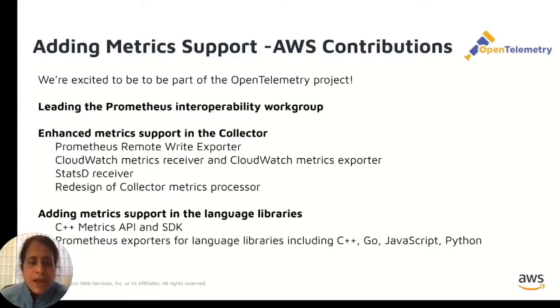Similarly, we have been adding and building out Prometheus exporters for language support, including C++, Go, Java, JavaScript, and Python. And again, we've been deeply involved in all aspects of the metrics support work that has been ongoing, participating in code reviews and design reviews, and just excited to be working on different parts altogether.